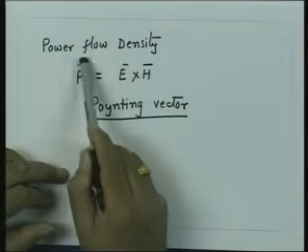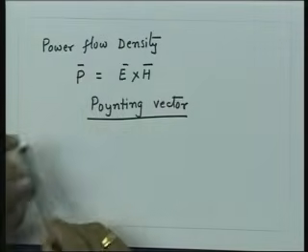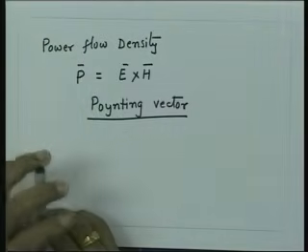So, firstly, if this quantity has to be non-zero, if there is a power flow, then first thing we note here is that E and H should not be parallel to each other. If you have electric and magnetic fields parallel to each other, then the cross product will be identically 0 and there will not be any power flow associated with this.